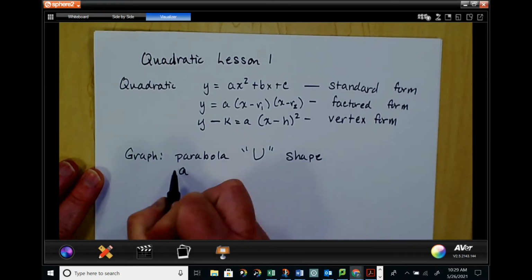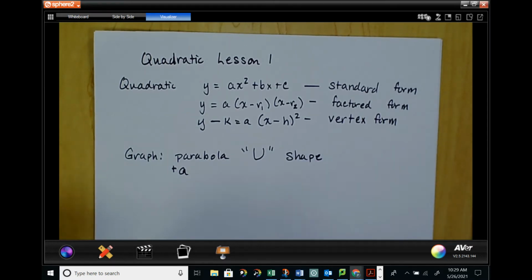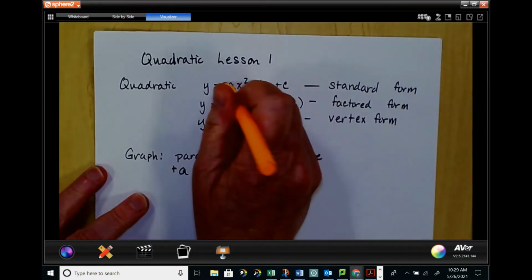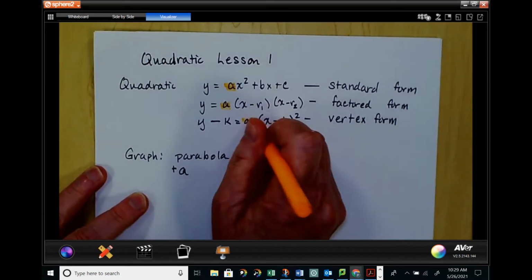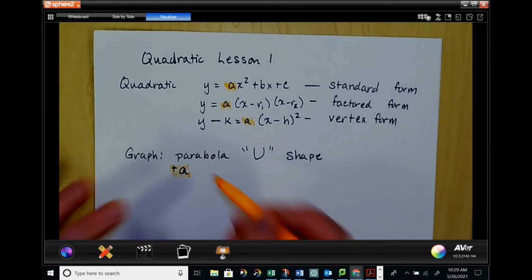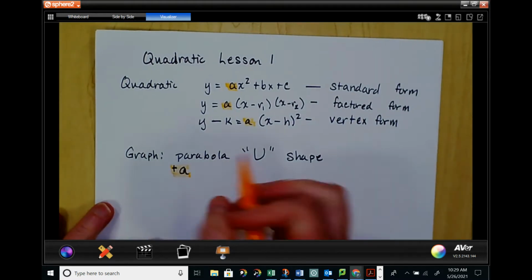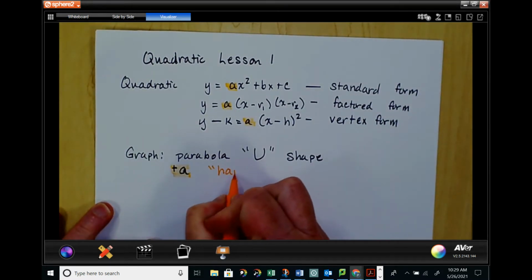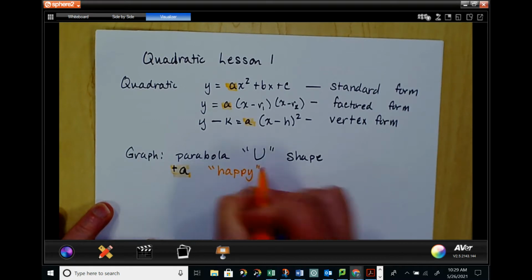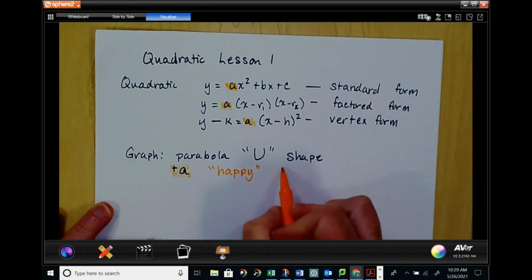If you have a positive a, we consider this to be a nice little happy graph, and it's going to point up.